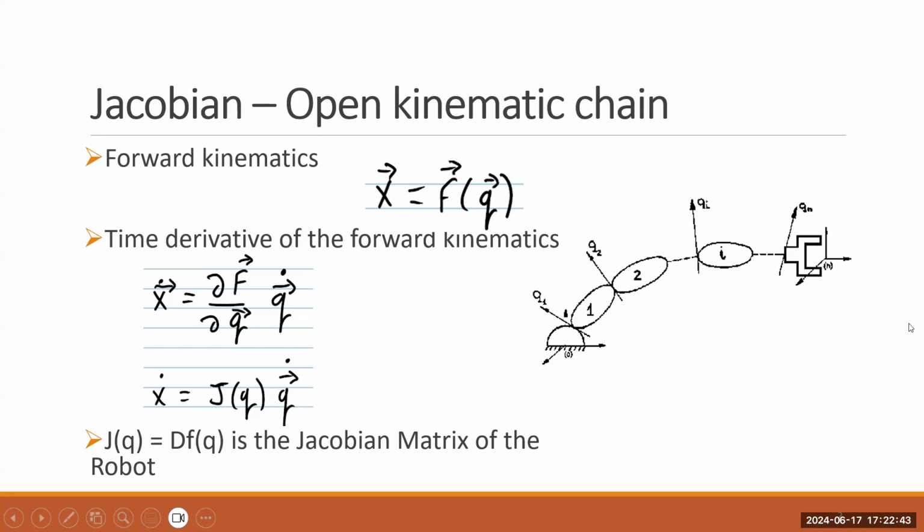When we take the derivative of F, df over dq times q dot, we get x dot, and x dot is the velocity of the end effector. df over dq is the Jacobian matrix of the robot, and J, the Jacobian, is a matrix that depends on Q.